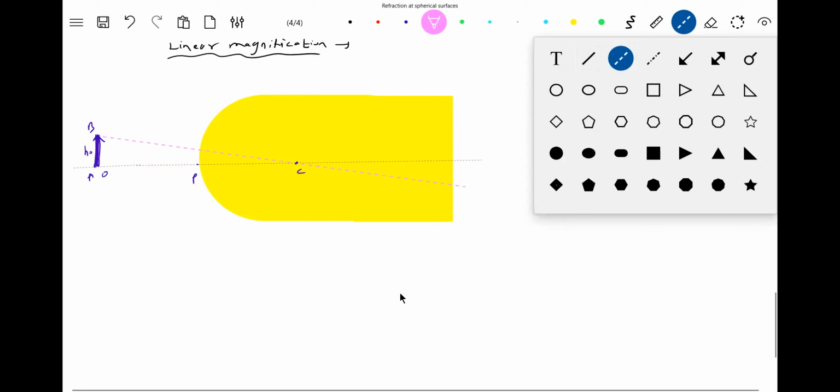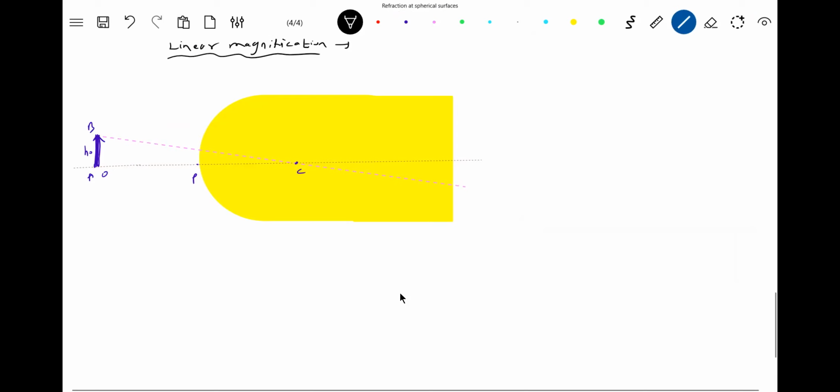Let's take the incident ray. This is the incident ray, then this will be the refracted ray. Now this is the image position.